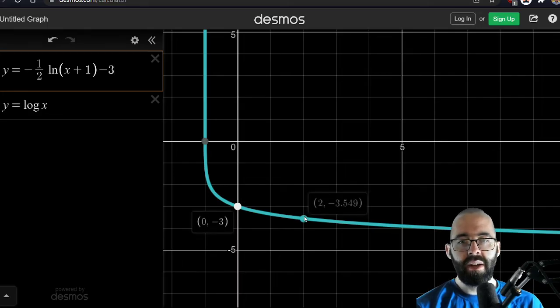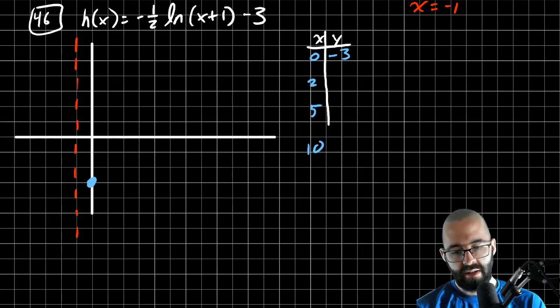When x is 2, it's about -3.549. So 2, about -3.5. 1, 2, 3, 4, 5. This is 5. And this is 10.